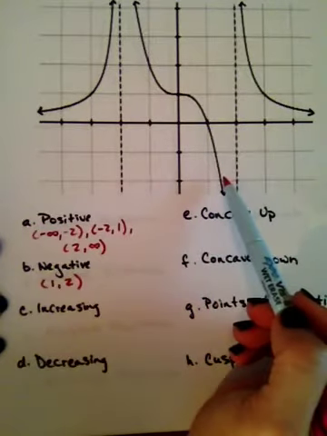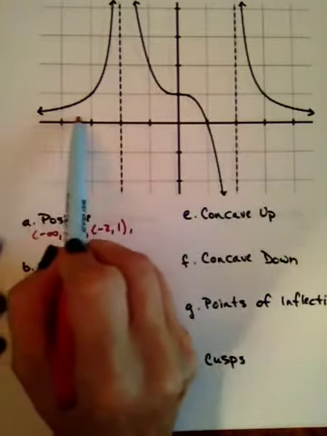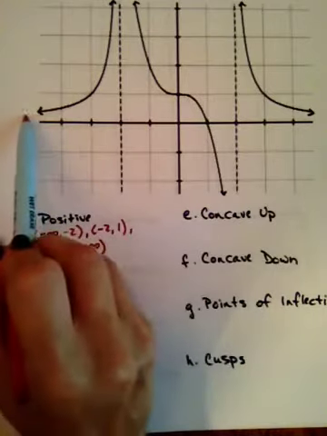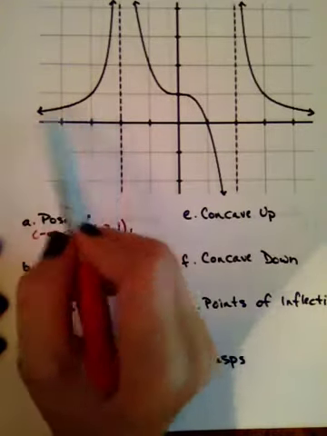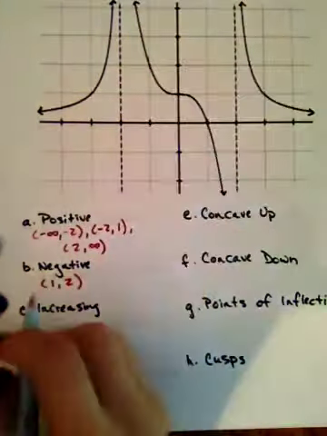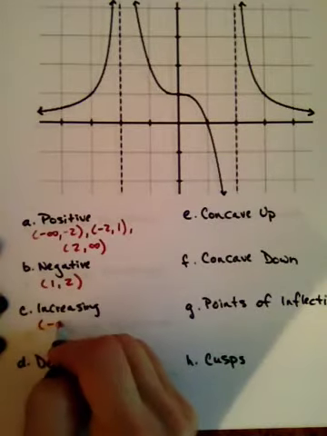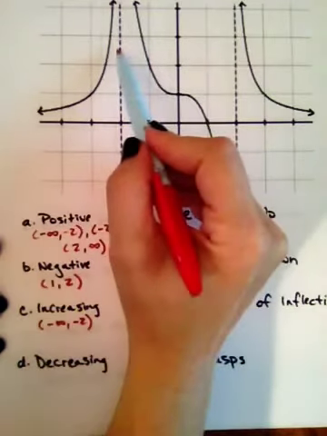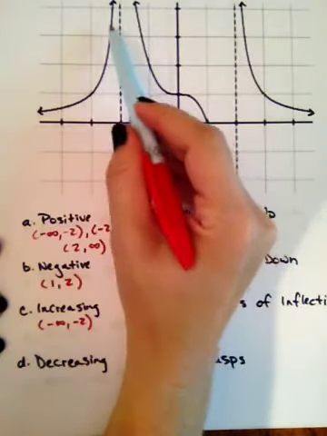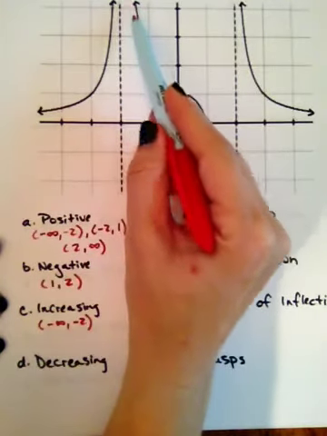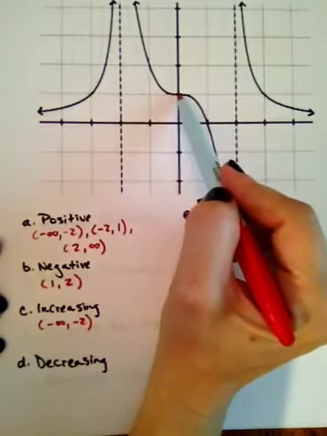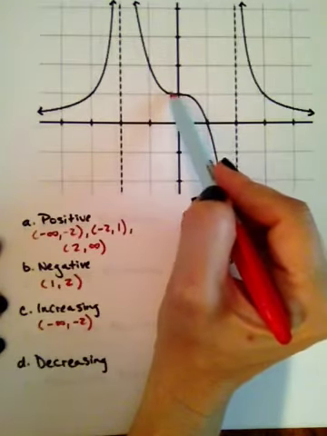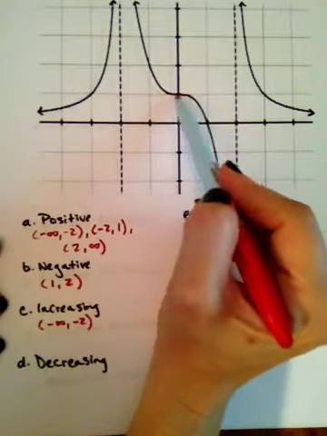When is the graph increasing? Remember, from left to right, when are the y values going up? So from negative infinity to -2, the y values are going up, the graph is increasing. We have to stop and start over at -2 because we have an asymptote, and you can see the graph is decreasing. It flattens out here, but it's actually just decreasing very slowly through that.